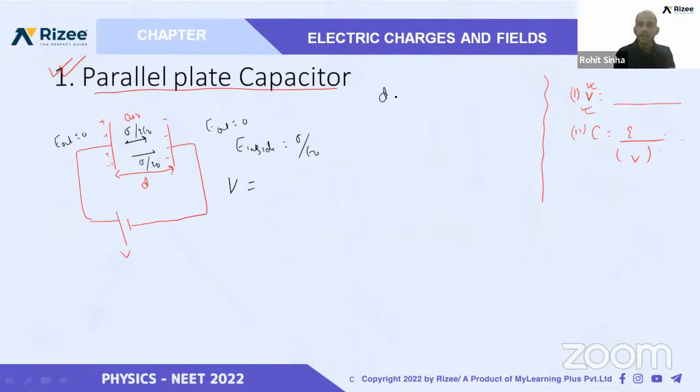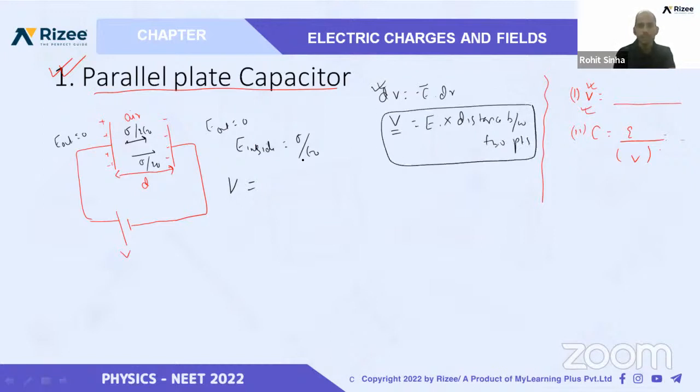Now for the potential difference V, we know that dV is equal to minus E dot dr. Taking only the magnitude, potential difference V is equal to electric field into distance between 2 points. So V is equal to sigma by epsilon naught into distance.